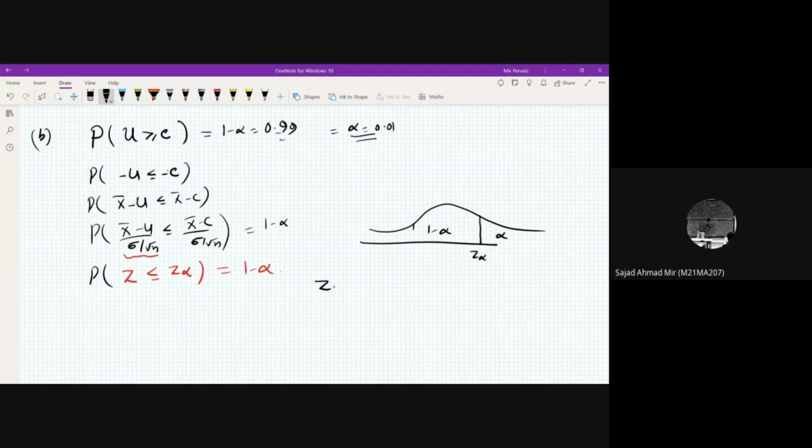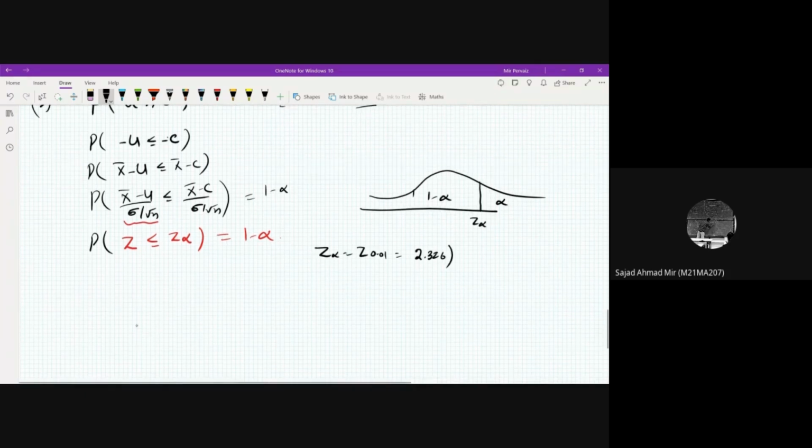So z alpha, where alpha is 0.01, the value for this is 2.3326. Okay, now you got your z alpha, but you have to equate this z alpha. Z alpha is equal to x bar minus C over sigma by root n, right? This is what we assumed as z alpha. This part is z alpha.